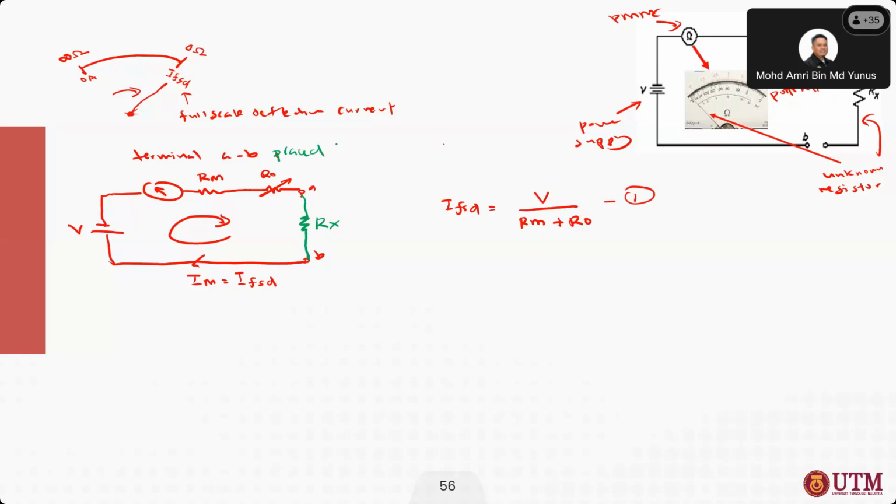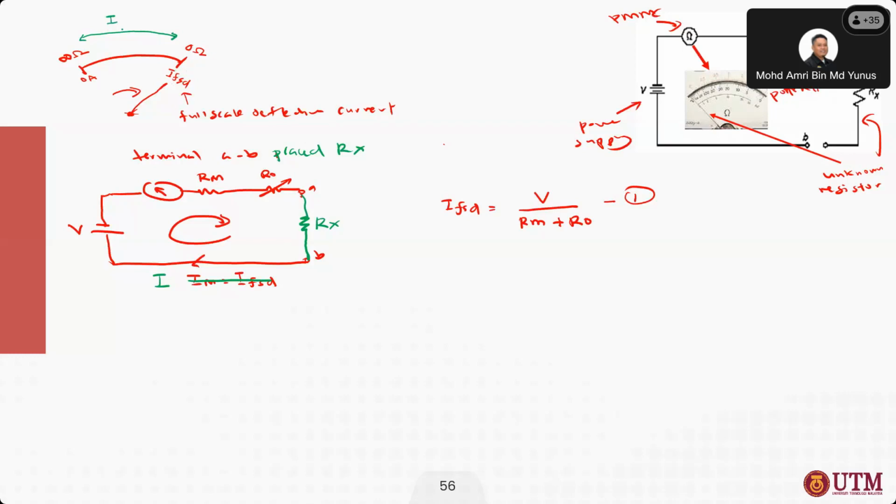We can write down the current that flows as I, which is between 0 ampere and IFSD.